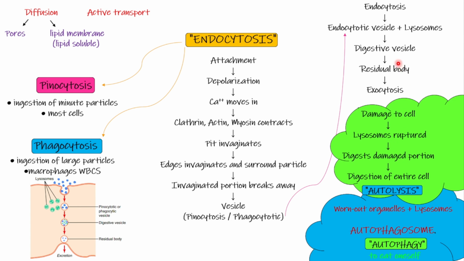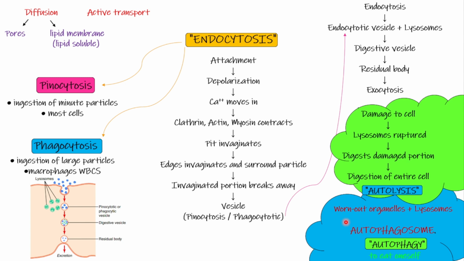When the lysosome eats the organelle, it results in the formation of an autophagosome. As previously discussed, when the lysosomes attach with the endocytotic vesicle, it results in the formation of a digestive vesicle. Exactly like that, whenever an organelle is eaten up by lysosomes, this results in the formation of an autophagosome, not releasing all its enzymes outside into the cytoplasm.